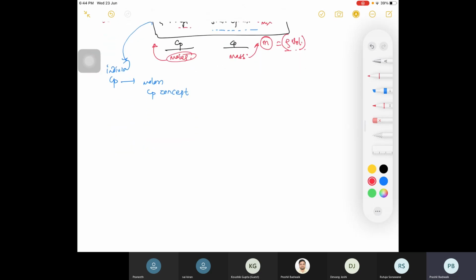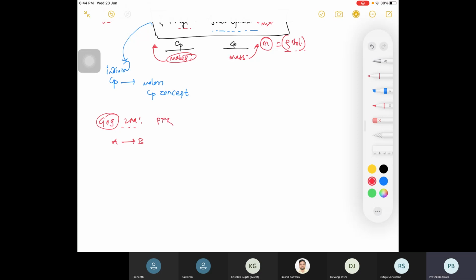Please upload on the group the GATE 2009 2-marks question. A gives B in a PFR. If you have it, else I'll write the GATE 2009 question for 2 marks. Easy questions were asked from this topic. A gives B, just one thing you need is practice. A gives B is carried out in a PFR with Ca0 equal to 4 kilomole per meter cube.